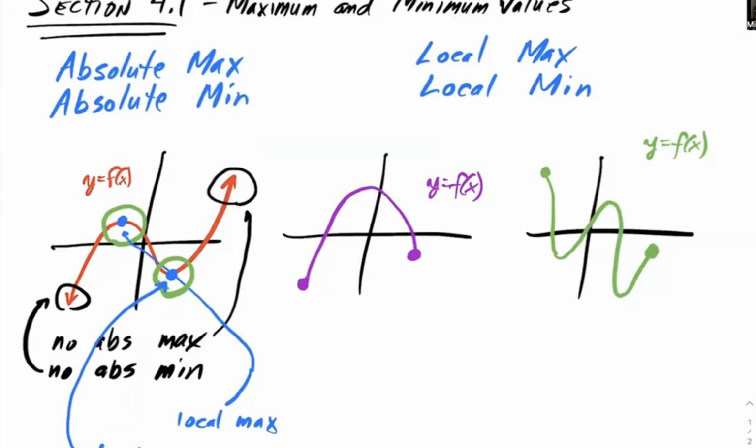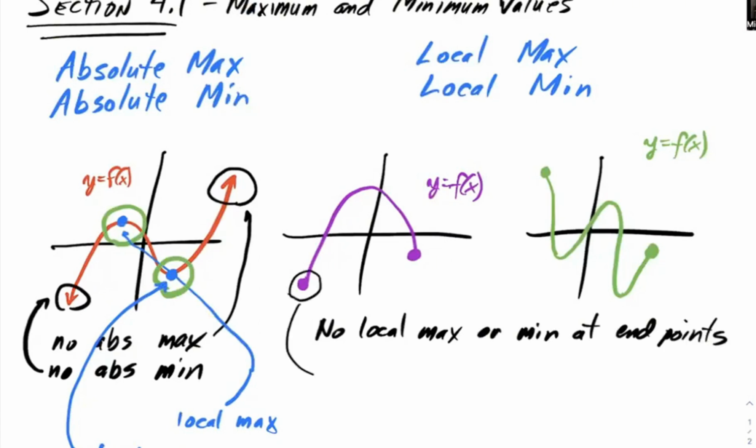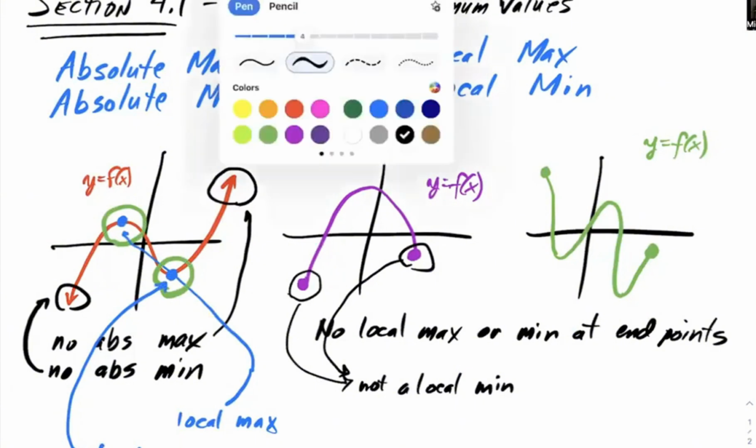Now, what about if we have a function that has endpoints, like in this purple one? Well, the first thing to note is that it's customary to say that there are no local max or mins at endpoints. So in other words, if I look at that point, it's not a local min, and that is also not a local min. However, we could have absolute max and mins when we have endpoints, and that's what's going to happen here.